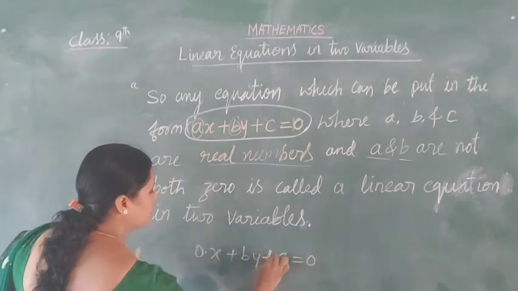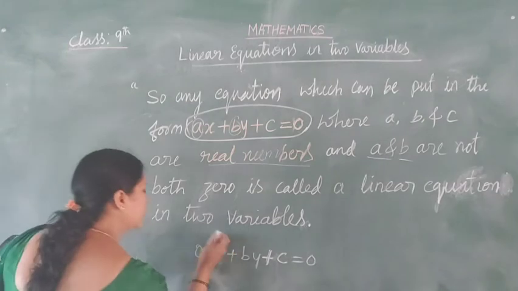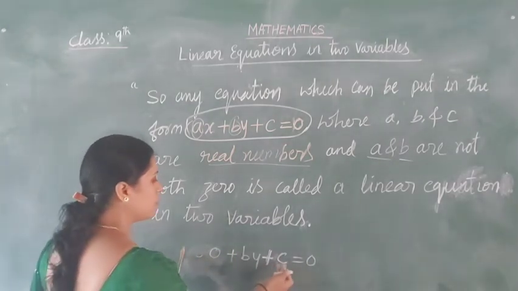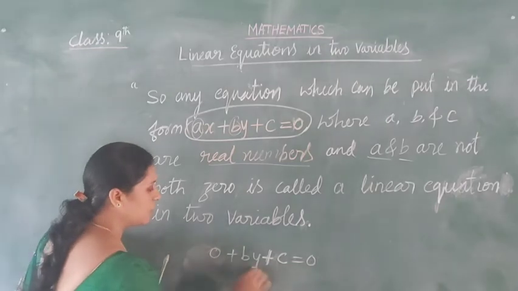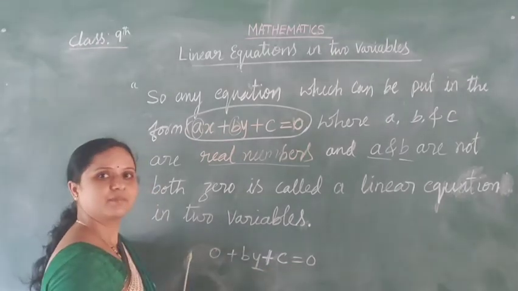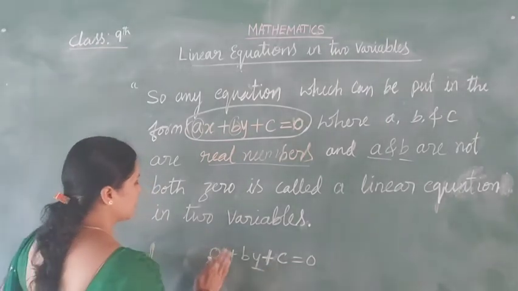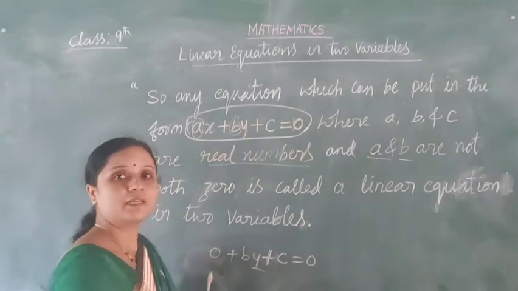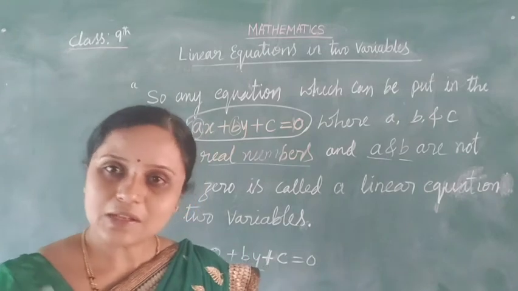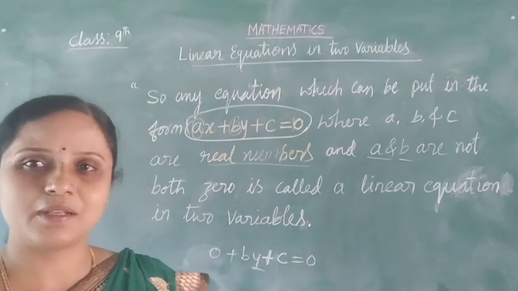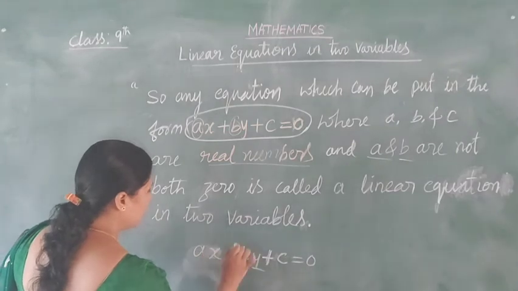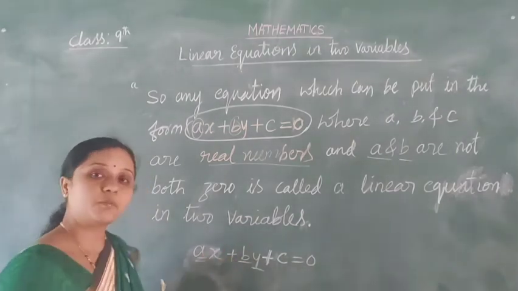So 0 into x is nothing but 0. So by plus c means here only one variable. So a and b are not both 0.